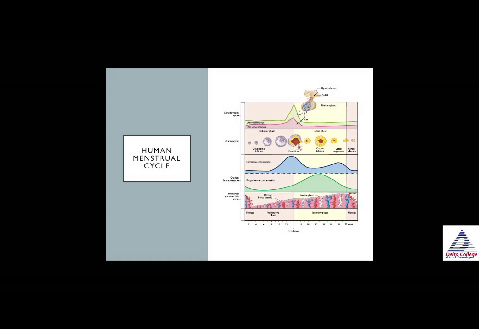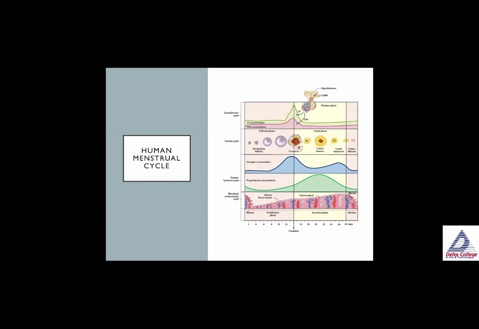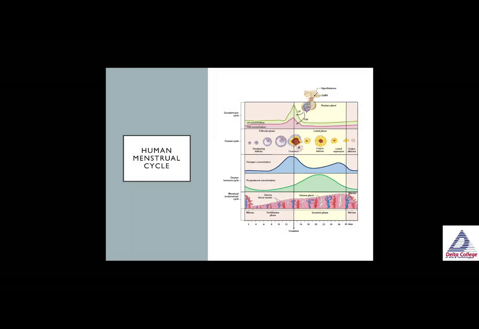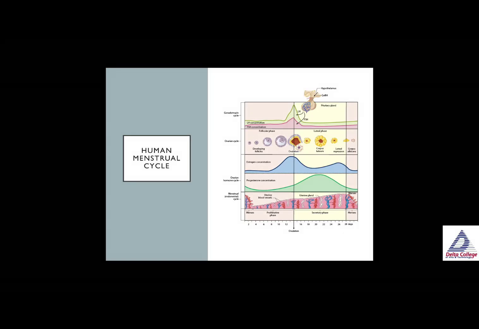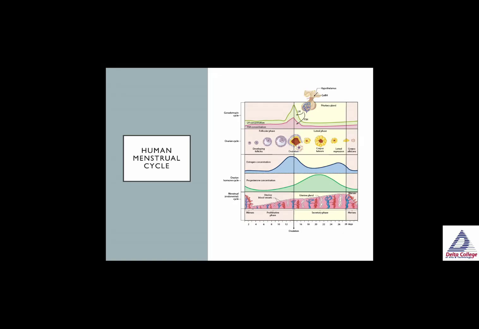So the ovary is secreting the ova and it's ovulating, and the gonadotropins or the hormones are going on here. So you can see where for our menstrual cycles, there is a lot going on at one time.